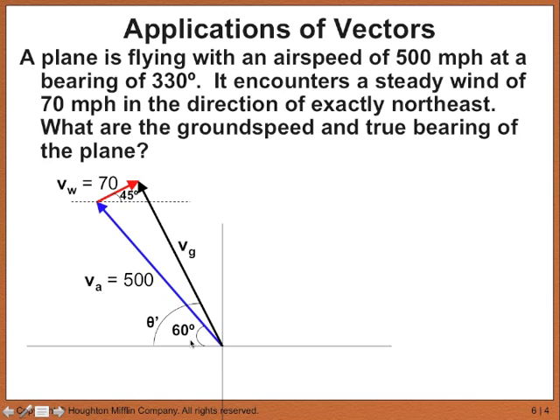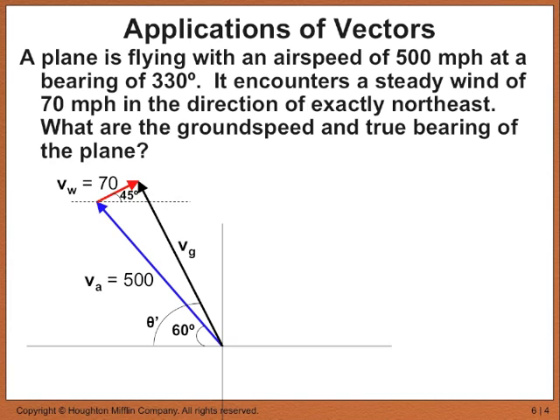Because just as 60 degrees is the reference angle for 330, because 270 plus 60 is 330, in like manner, 270 plus theta prime will give me my true bearing of this black vector, v sub g. All right, at this point then, I think what you can do, let me just explain the strategy.